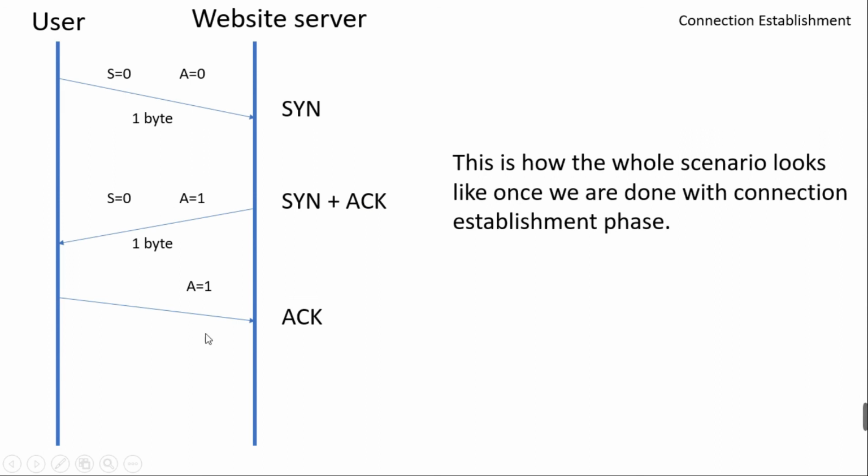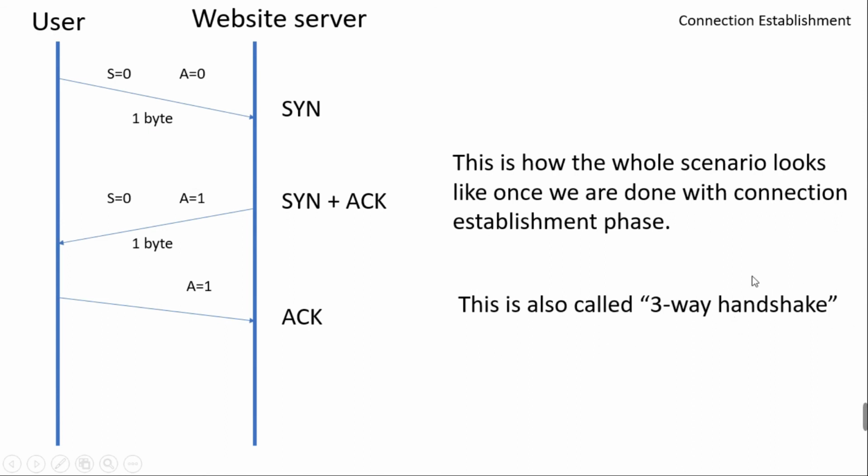Okay, so this is basically how the scenario looks right now. This is the connection establishment step, and after we are done with all of those 3 steps, this connection establishment phase will be done. This connection establishment phase is also known as the three-way handshake.